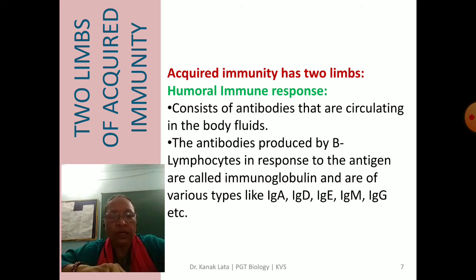Different types of antibodies are produced by B lymphocytes in response to the antigen, and they are called immunoglobulins. These immunoglobulins are of different types: immunoglobulin A, D, E, M, G, etc.